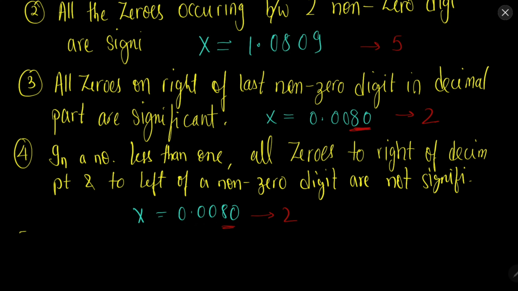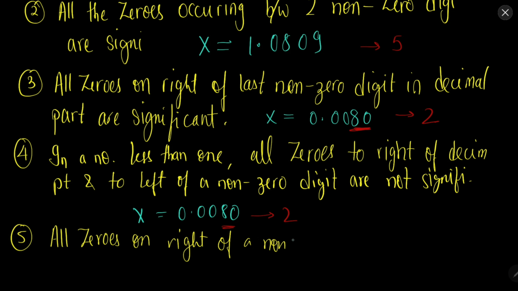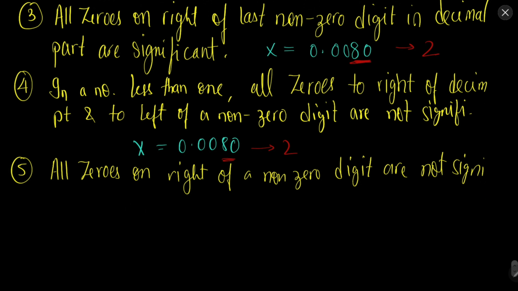Now the fifth point: all zeros on the right side of a non-zero digit are not significant. For example, let's say x is 1000.